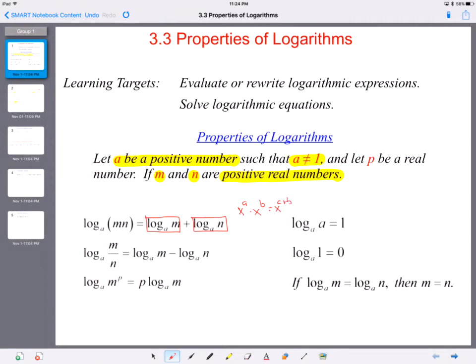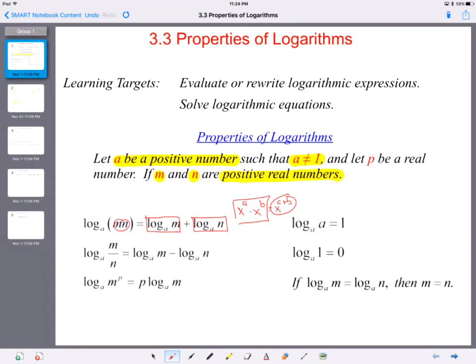So look what's happening here. You're adding the exponents. And when you add the exponents, what is actually happening? You're multiplying. And look what's going on right here with those values. You're multiplying. So with a single logarithm, if you're multiplying, you can split it up into addition because that means you're adding the exponents. So maybe that makes a little bit more sense in terms of why you're able to do that.